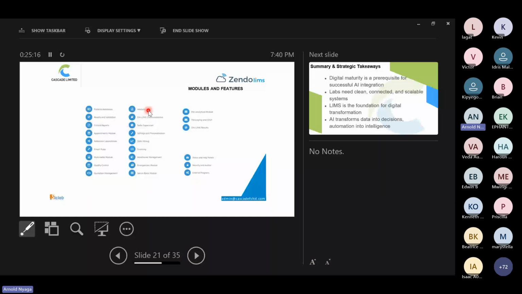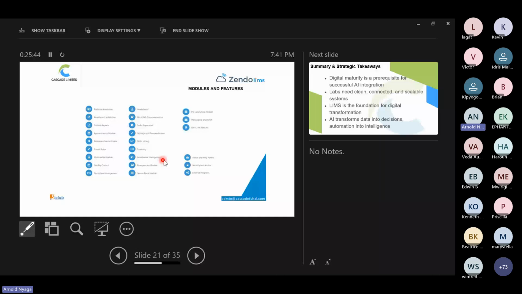It has online communications with your users. If you are communicating with your colleague and doing handover, you can do handover online. It has a task supervisor and very good dashboards. Then also data mining, invoicing, and managing the warehouse where you keep your reagents.